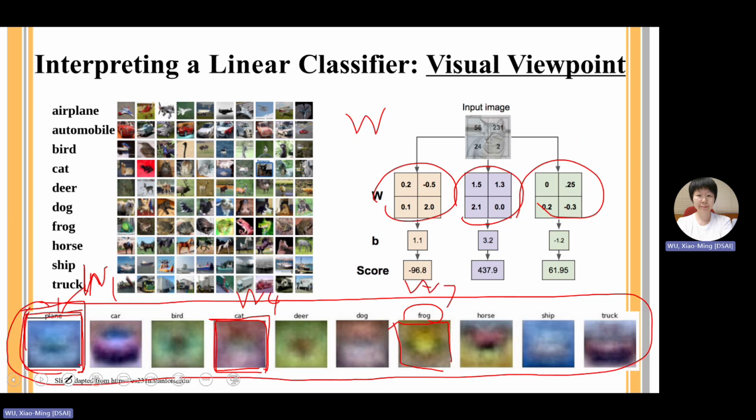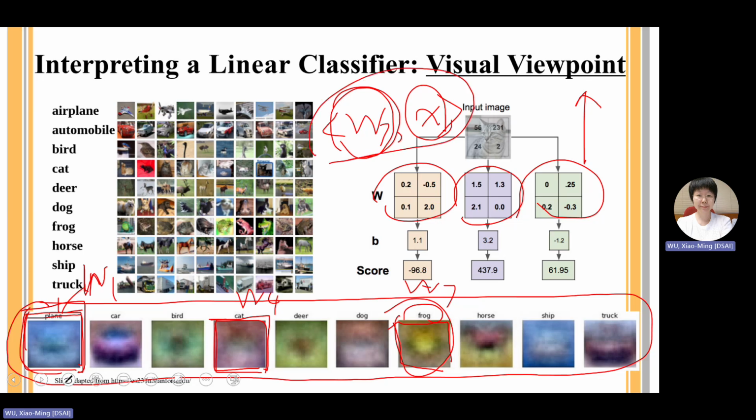Why so? Because when you classify, you are computing the inner product. For example, to classify frog, you compute the inner product of W7 and the image, so W7 should look like X. If you consider W7 as a vector in space, the inner product achieves its maximum when W7 points in the same direction as X. Then this score will be the highest.